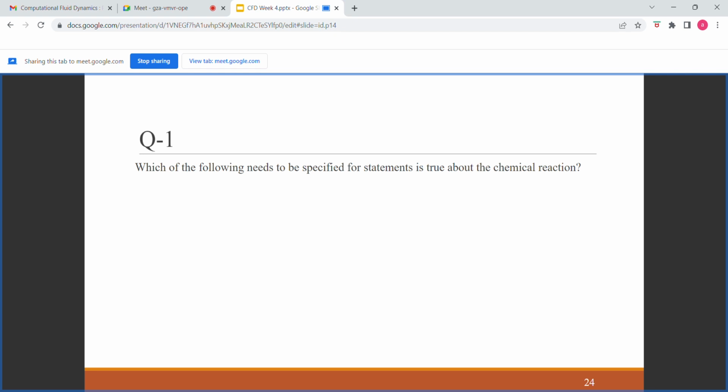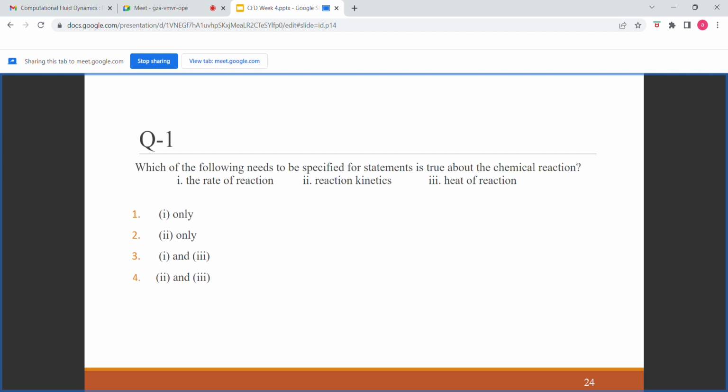We need to identify which of the following should be specified to solve the problem involving chemical reaction: 1, rate of the reaction; 2, reaction kinetics; and 3, the heat of the reaction. So we'll see what options are given. Option 1 is 1 only, option 2 is 2 only, option 3 is 1 and 3, option 4 is 2 and 3.